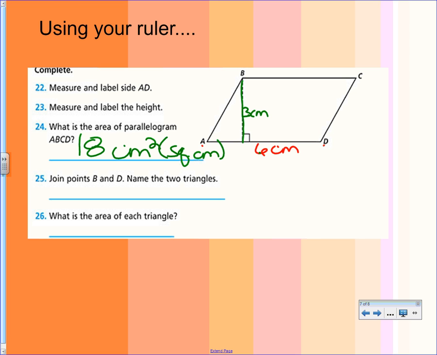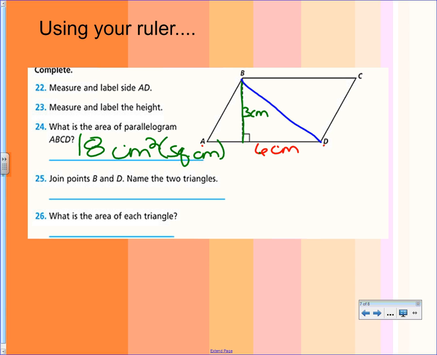Now let's step it up a little bit. If you look at 25, now we're going to join points D and B and then name these 2 types of triangles. So I'm going to take my ruler and go from B to D. So now I can look at it and try to figure out, what kind of triangles are these if I join these together? Let's name our triangles.